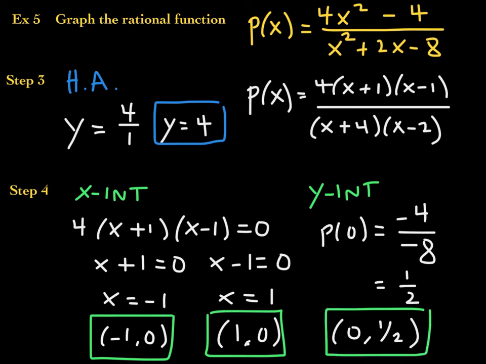Now, we have to determine whether the graph will cross this end behavior asymptote. Will the graph ever cross this horizontal line? We can answer that question. This is step 5. We can answer that question by taking your function, setting it equal to the end behavior asymptote, and solving.